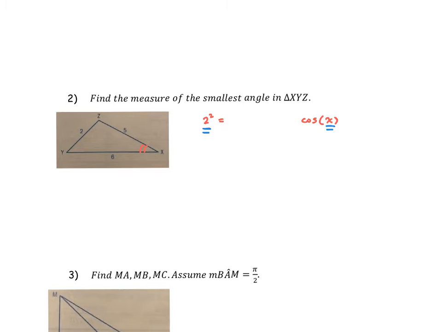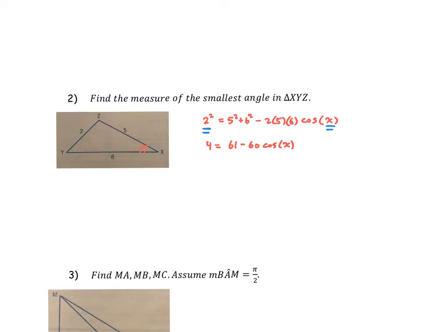Okay. Now from there, I'm going to take 5 and 6 and call them A and B, what we've seen in the formula. So 5 squared plus 6 squared minus 2 times 5 times 6 times the cosine of x. Now we're going to solve for x. We're going to have to do an inverse at the very end to find an angle. That's okay, we can do that. So that's 4 is equal to 25 plus 36, which is 61, minus 2 times 5 times 6, which is 60, cosine of x.